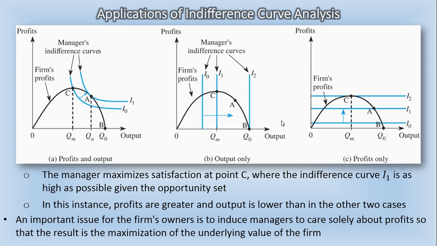We'll talk about that in chapter 6, where you create an incentive structure where the income is linked to the profits of the firm, which causes them to prioritize profits, which causes the firm to maximize its profits.